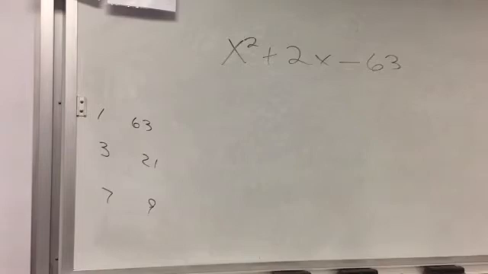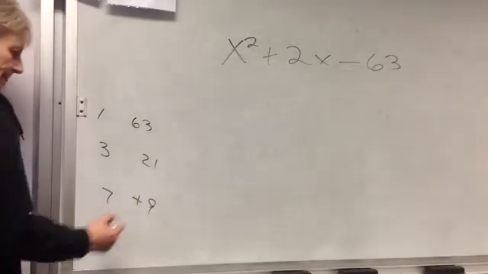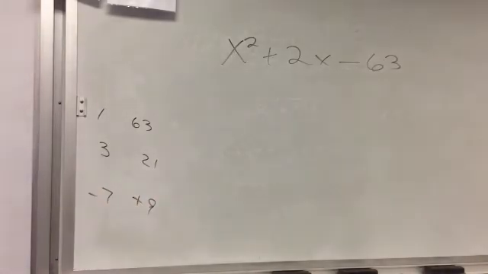Oh, man. 3 times 21. Negative 7 plus 7, 9 and 9. Negative 7? 3 and 21. How's that add up to 2? I'm not adding. I'm multiplying. No. 3 and 21 gives you 63, but it has to add up to 2.